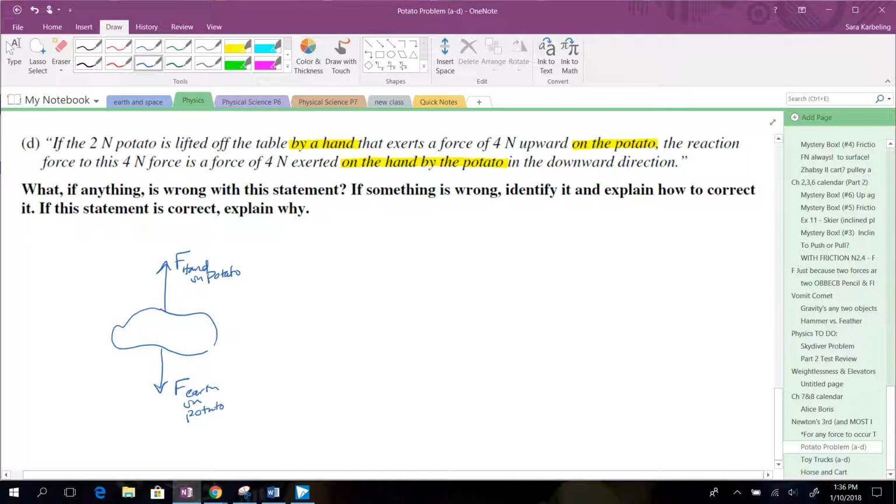That is an accurate free body diagram, right? But in this question, are they asking anything about a free body diagram? Are they asking anything about the earth? They're not. Does that make sense? Yeah.